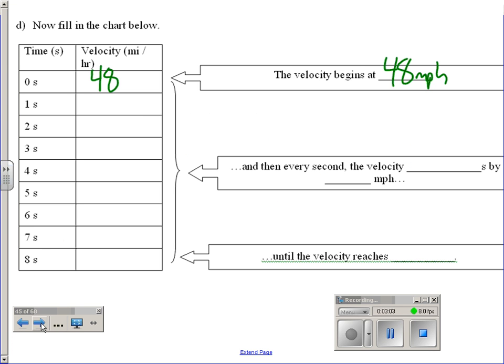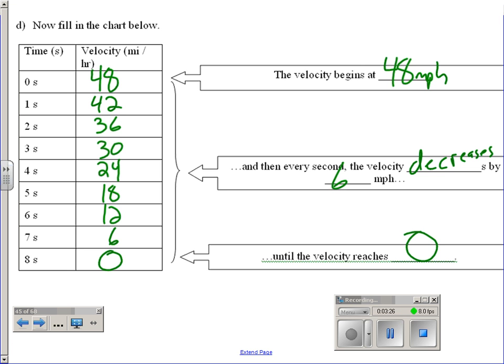So every second, the velocity decreases by 6 miles per hour. So here we go: 42, 36, minus 6 would be 30, minus 6 is 24, minus 6 is 18, minus 6 is 12, minus 6 is 6, minus 6 is 0, because the train has stopped. Unfortunately, the cow is saved.